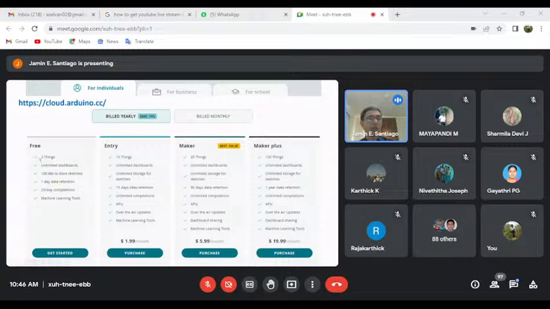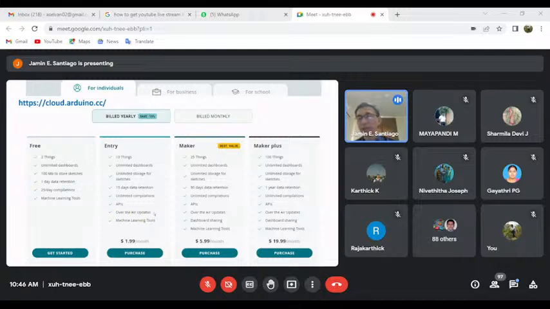For the free account, we have unlimited dashboards, 1 day retention, 25 per day. Then we have machine learning tools. Previously, I was using another service, and it is very cheap, only almost $2 per month. What I like about this is we have the over-the-air updates, and next is we have the machine learning tools.